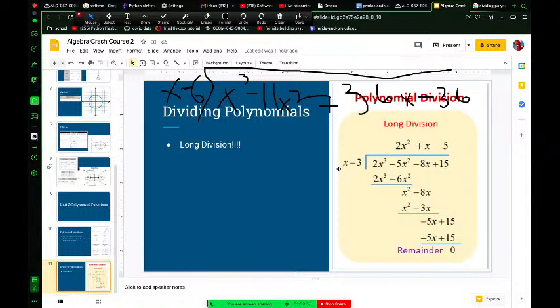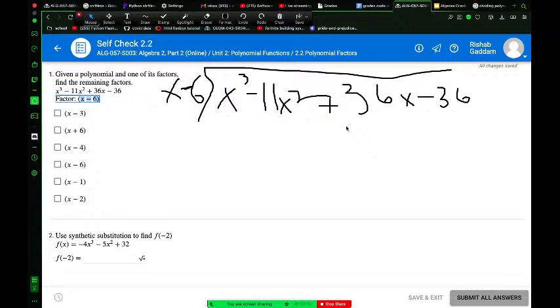But we don't have 2x's. Wait, what do you mean? I don't understand what you mean. Wait, can you go back to the picture? Okay, so it's 11x to the power 2, right? Yeah, negative 11x to the power 2.